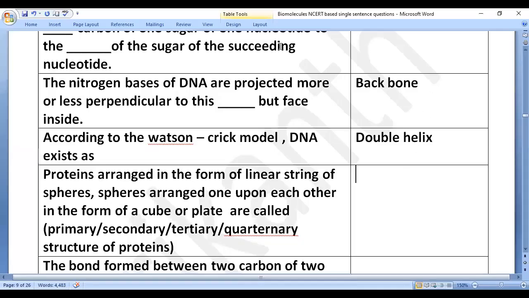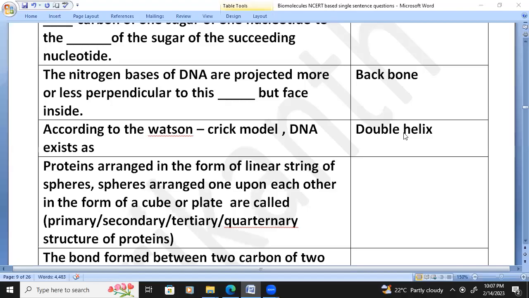Proteins arranged in the form of a linear string of spheres. Spheres arranged one upon each other in the form of a cube or plate are called the quaternary structure of protein.